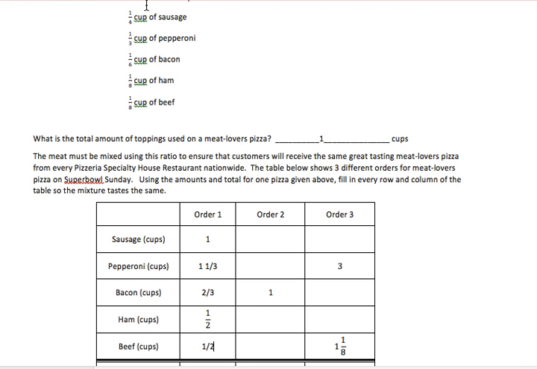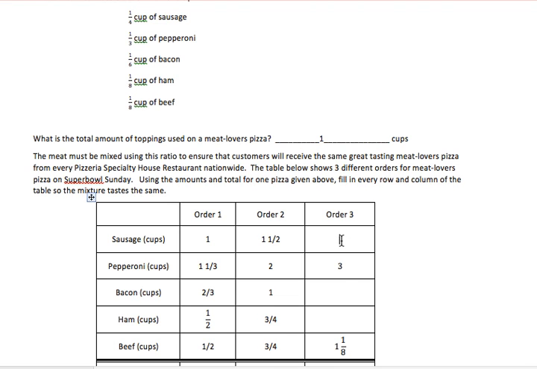So we'll go back into each one of these ratios and multiply by 6. 6/4 would be 1 1/2 cups of sausage. 6 times 1/3 would end up giving us 2 cups of pepperoni. For the ham, if we multiply that by 6, we get 6/8 cup of ham, which simplifies to 3/4. And the beef, of course, is exactly the same.